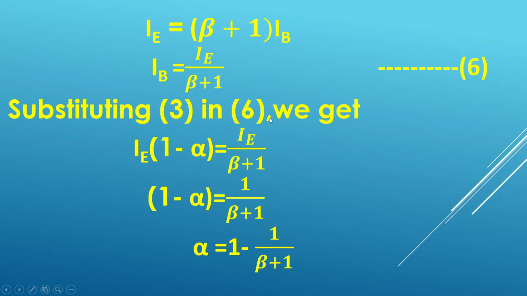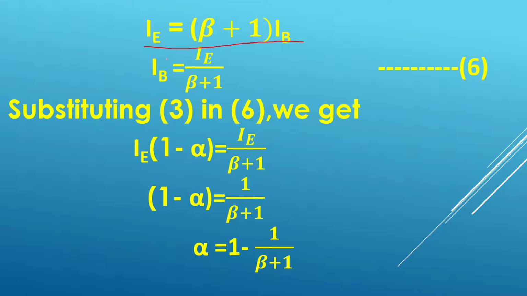The whole sequence will change from now on. See here, I have taken IB common. So IE is equal to beta plus 1 into IB. So IB equal to IE by beta plus 1.